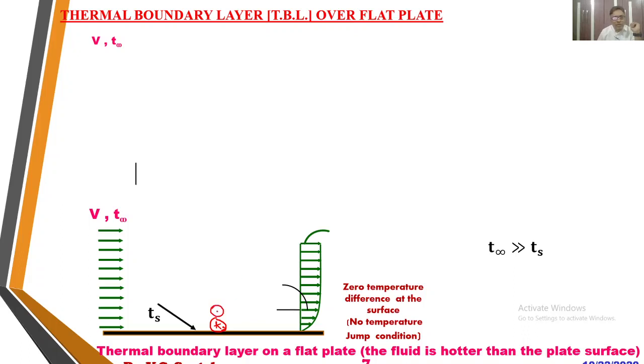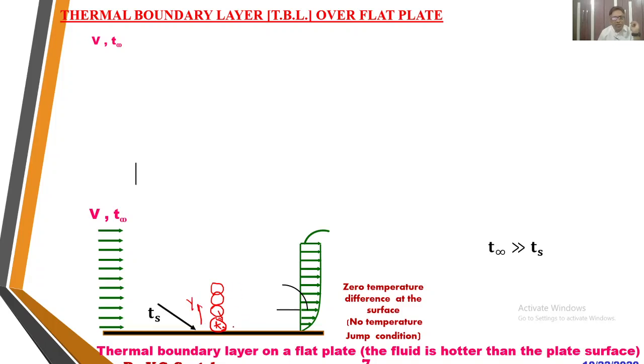Any fluid layer flowing over this layer having the fluid particle temperature Ts will transfer its heat to this, and its temperature will also decrease from free stream temperature T infinity, and this heat transfer phenomenon will take place from one layer to another. So because of this, at a distance y from the flat surface, a temperature gradient exists.